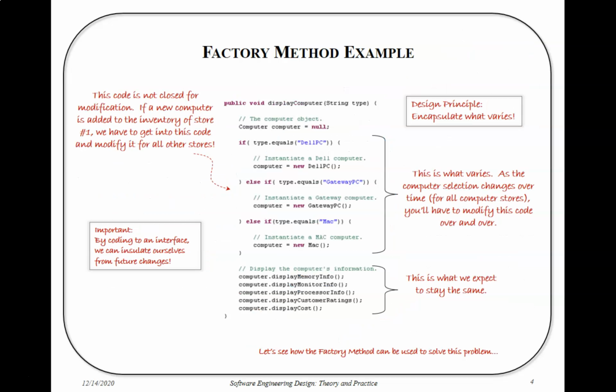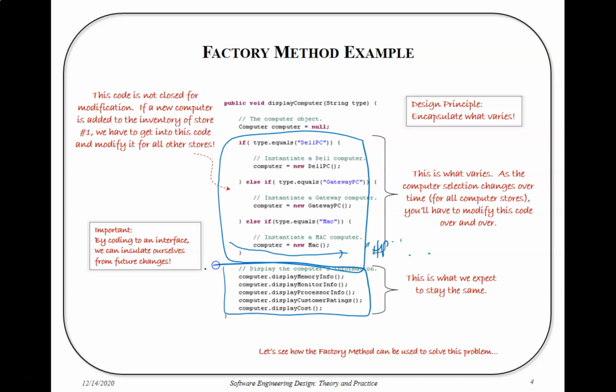Okay, so we first identify which part varies. Here is the part that requires modification. If we have another type of computer, we have to add, for example, HP or Lenovo or whatever. So we have identified the part that will be modified.